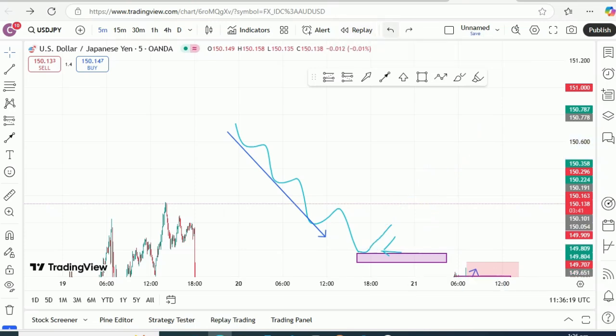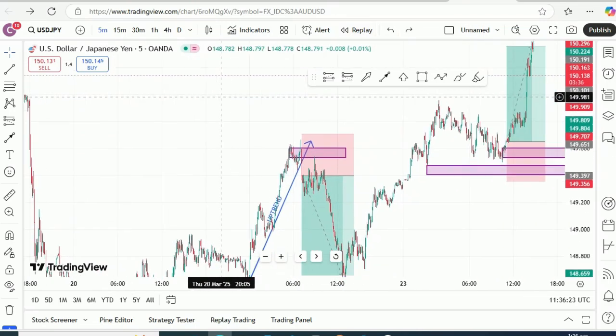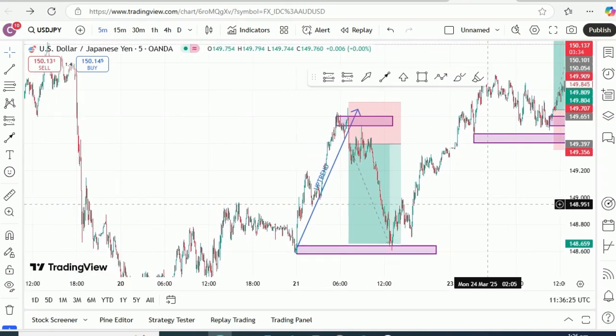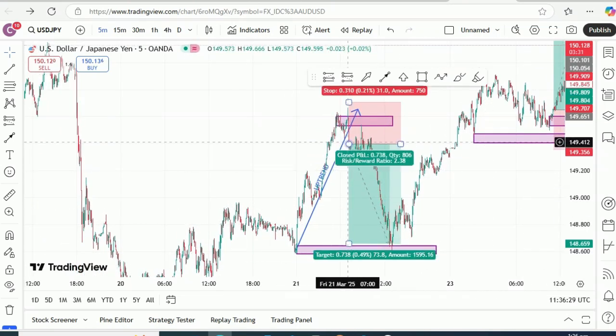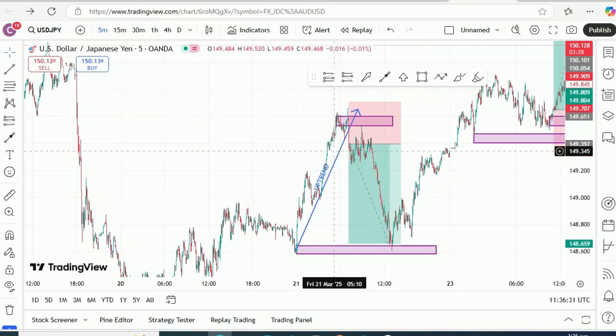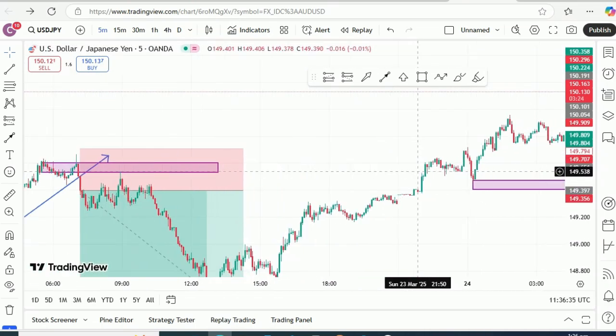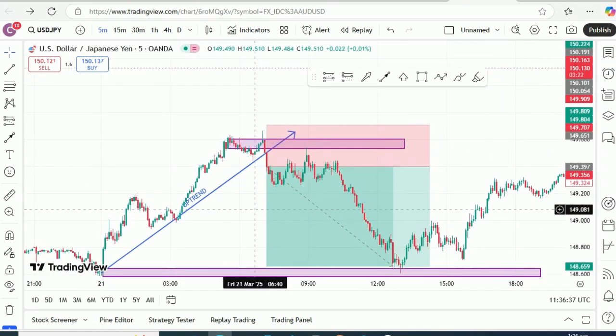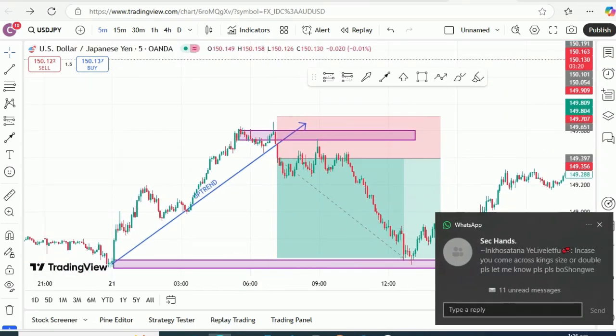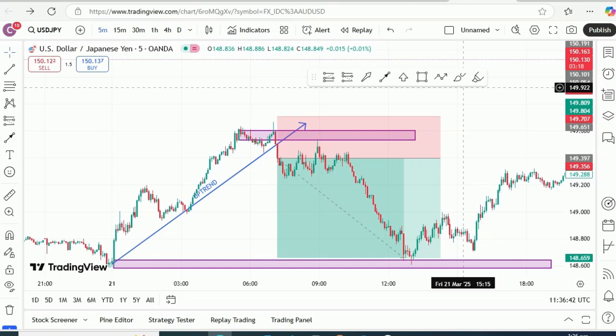So right now, let's see if I can just show you guys on the real screen how things were going down. Let's start off using this one. I said the first thing that we do is to identify a trend. So right here we had an uptrend, as you can see. We had an uptrend over here, and then when we got to this point, that is where we placed our rectangle.